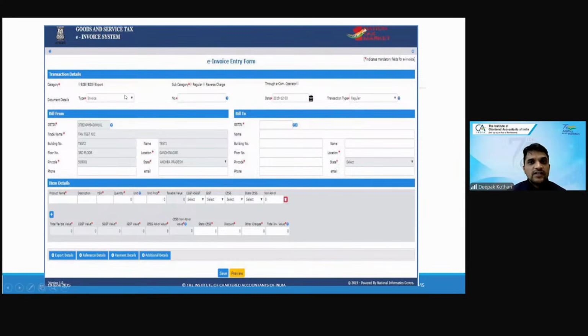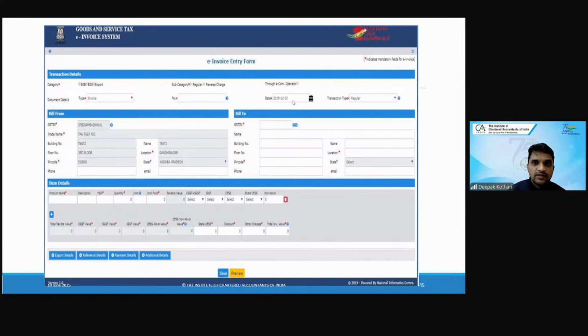So this is called the e-invoice entry form. In this entry form, you will mention the details of whether it is B2B, B2G or export, then the subcategory, whether it is regular sales or reverse charge sales, or if it is a transaction through an e-commerce operator. What are the documents? Type will be invoice, debit note, credit note.